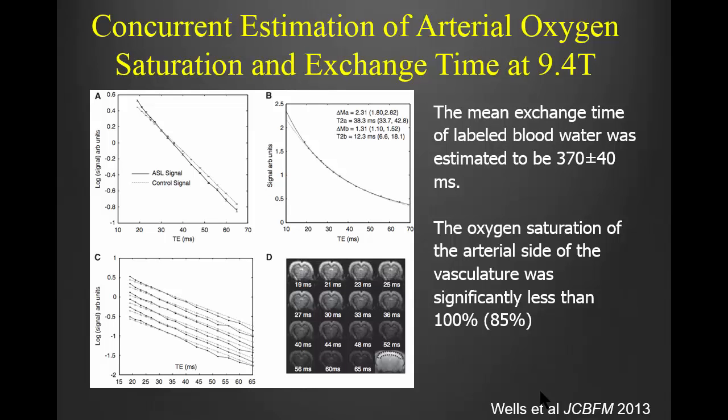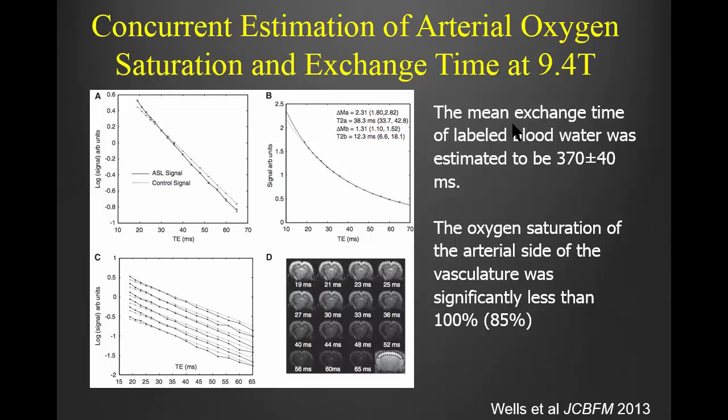This is a study by the Oxford group, an animal study conducted at 9.4 Tesla with multiple-echo gradient echo ASL signal at multiple delay times. This is the echo time, and this is the multiple post-labeling delay.